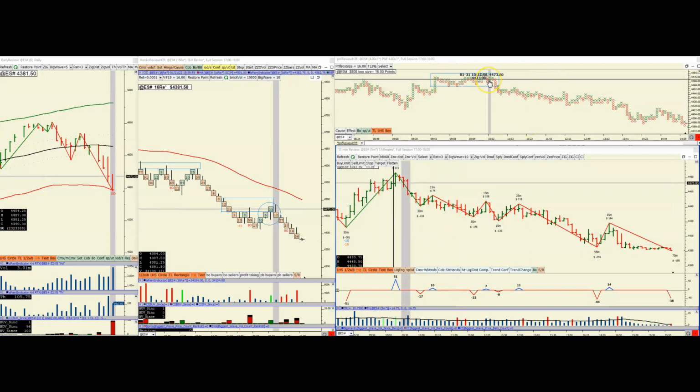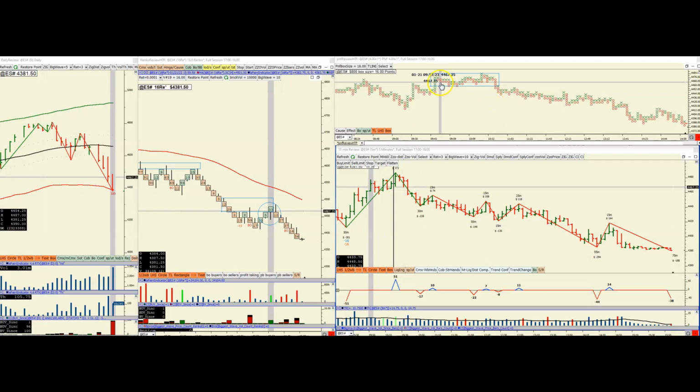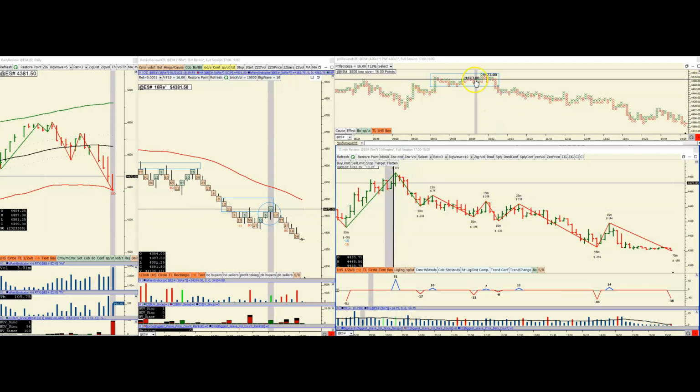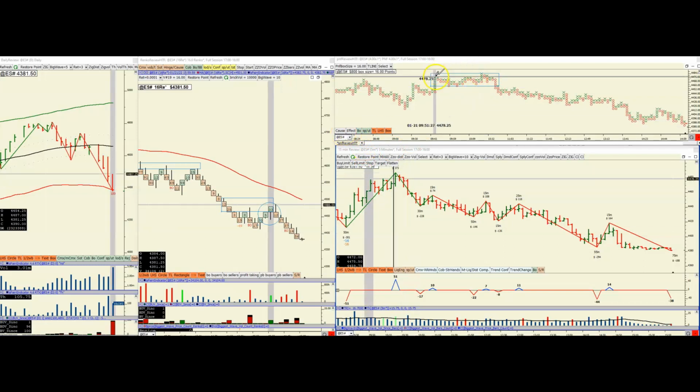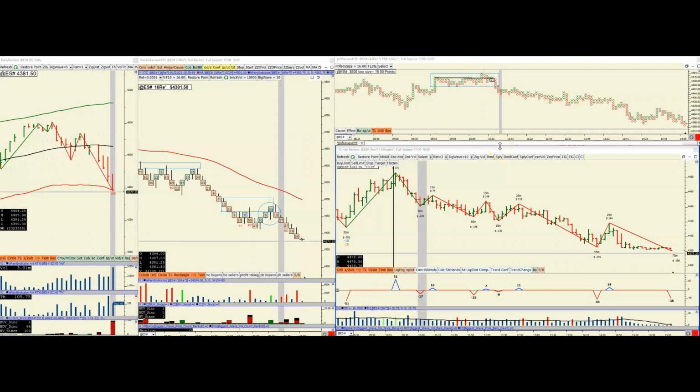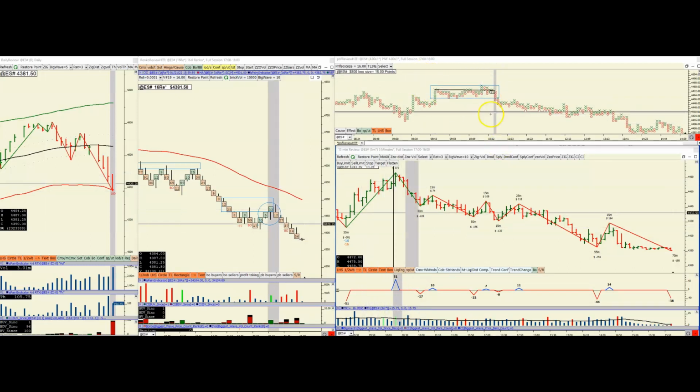Because if there's distribution, it would mean that what happens after distribution or redistribution? Continued markdown, right? I don't want this to be just a tap. I need to see some cause, and here's the cause. So all you gotta do is box this right here, and you see the cause is what? 21.